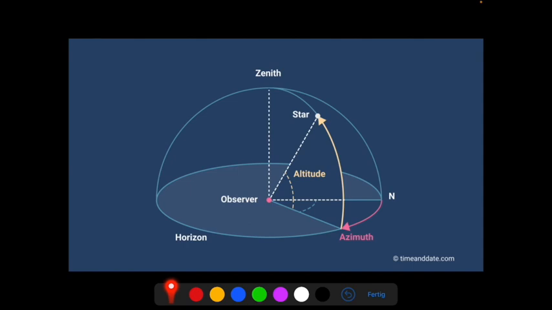So this is also called azimuth in a way, because you see that the star is moving along a circle that has the observer at its center.